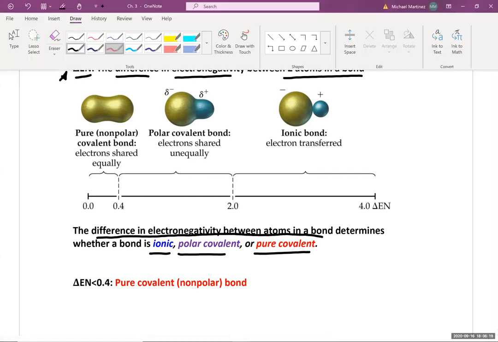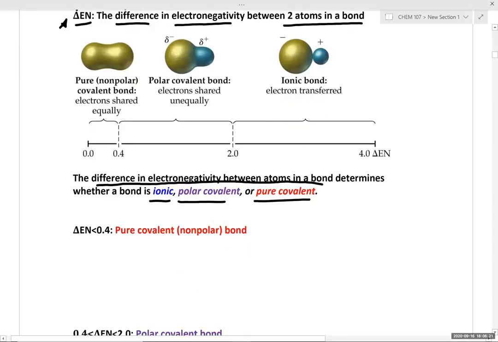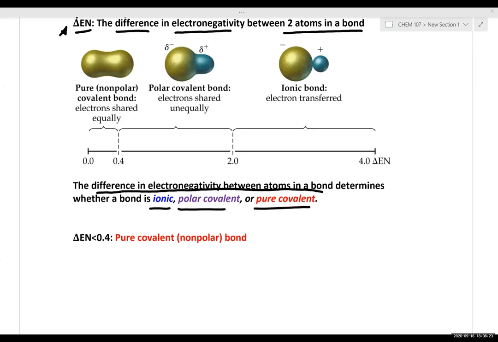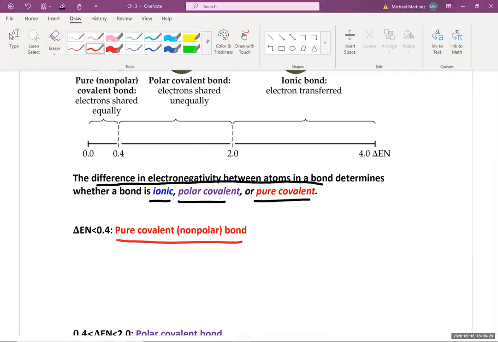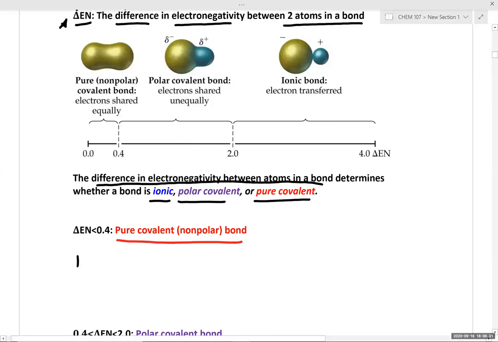If the difference in electronegativity is small, less than 0.4, we have a pure covalent bond. This primarily occurs in two cases. The first case is a carbon-hydrogen bond, where the difference in electronegativity is around 0.2.